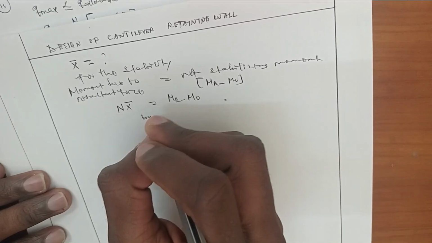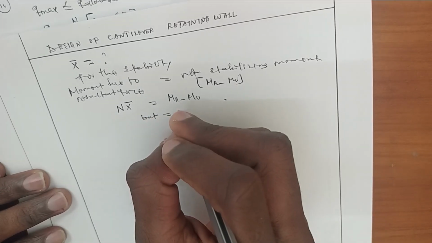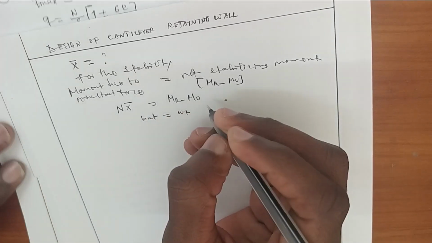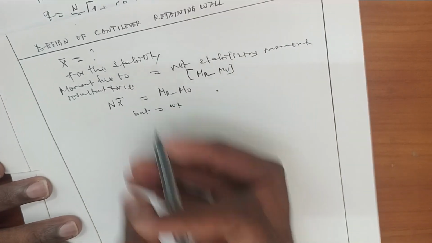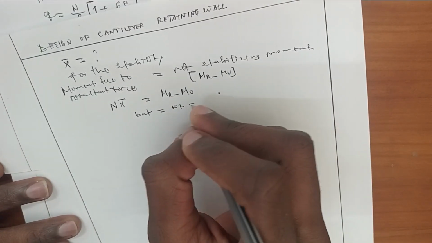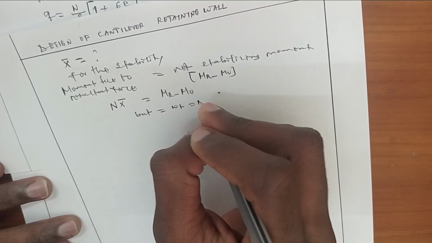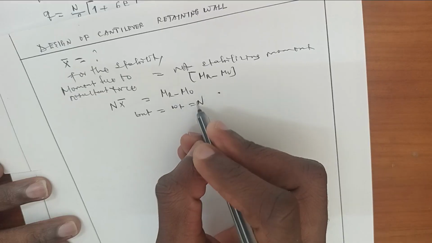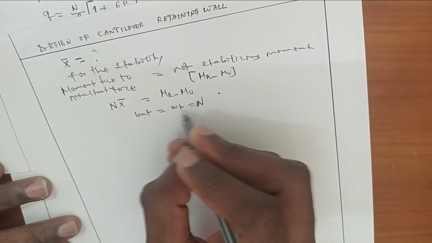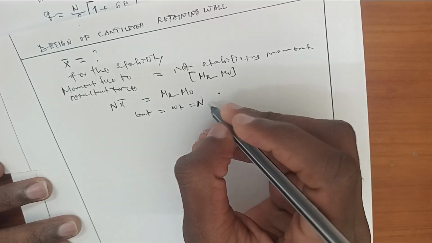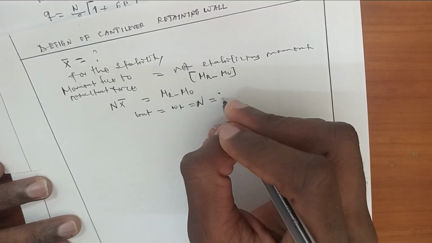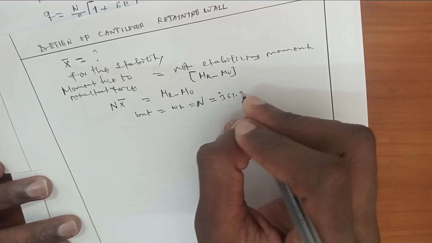But this resultant force will be equal to the total weight acting on the retaining wall, which is 61.9.